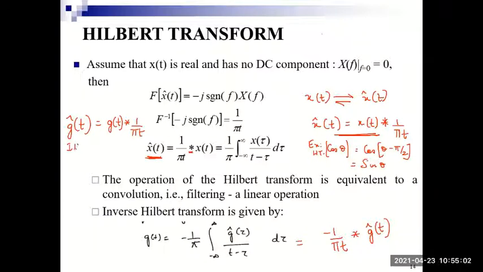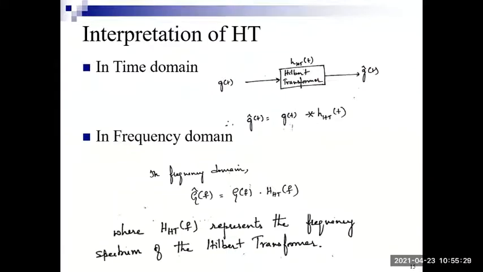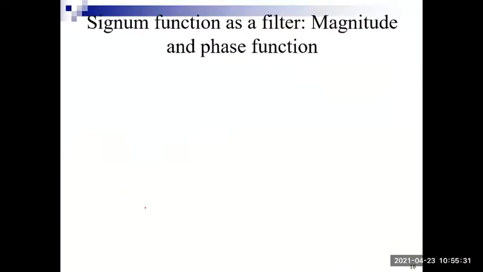The inverse Hilbert transform is getting g of t from g cap of t, which will be minus 1 by pi t convolved with g cap of t. So it is the negation of the given signal. Please remember this. Remember and note down. You have to practice. If not, you will not be able to remember.